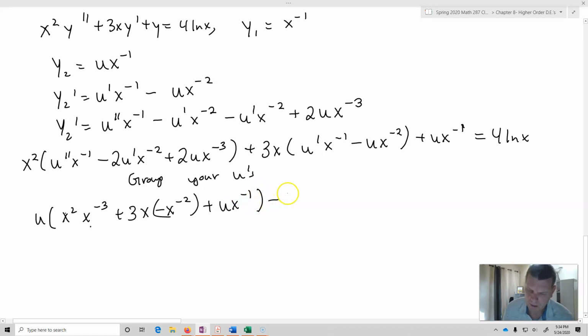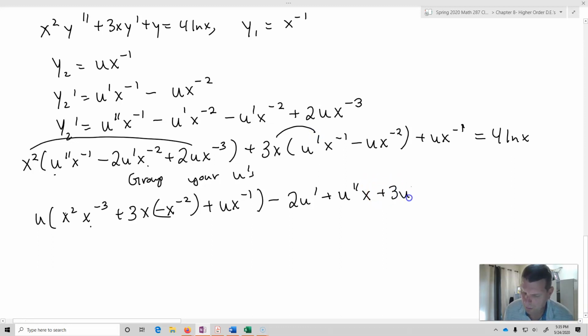And then x squared times x to the negative 2 gives minus 2u prime. Actually, we need the u double prime. So this is going to be plus u double prime x, and then the 3x u prime x to the negative 1 is going to give me plus 3u prime, equals 4 ln of x. Now, this is x to the negative 1. Actually, excuse me.